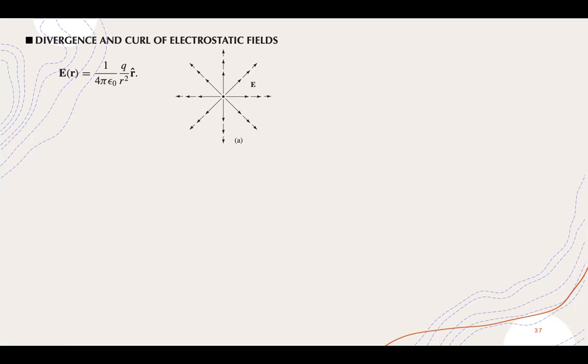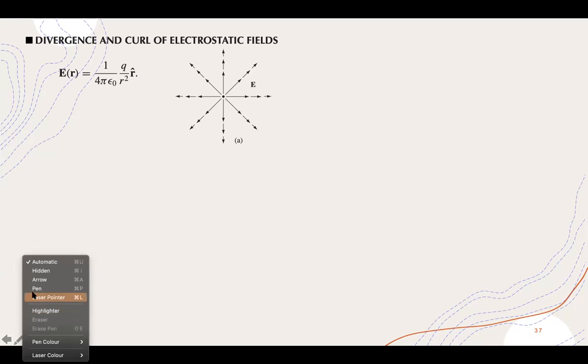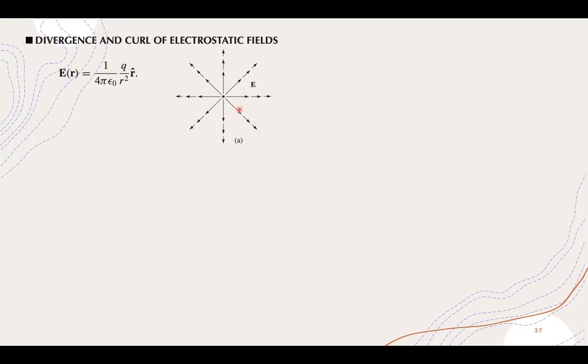As in vectors, if we denote something by an arrow, let me take a laser pointer so that I can show you. In vectors, the representation is given by something like this.